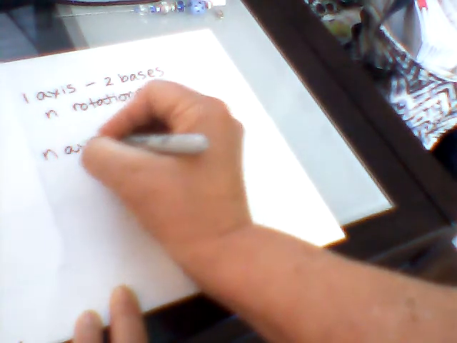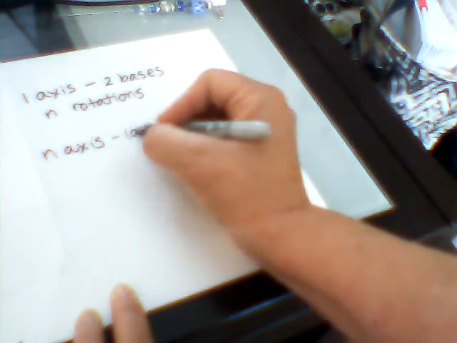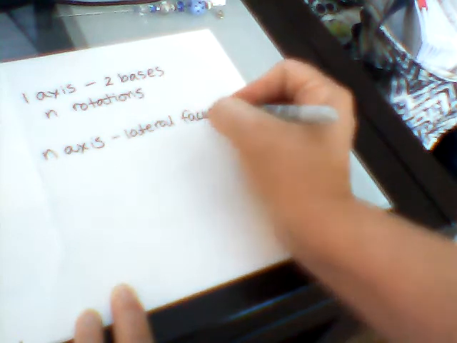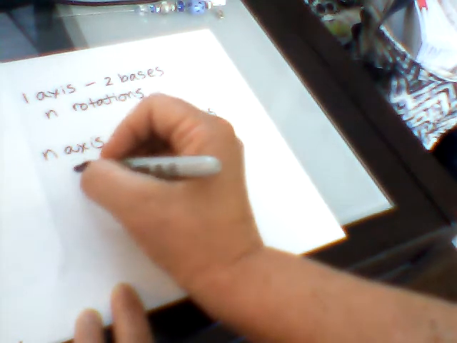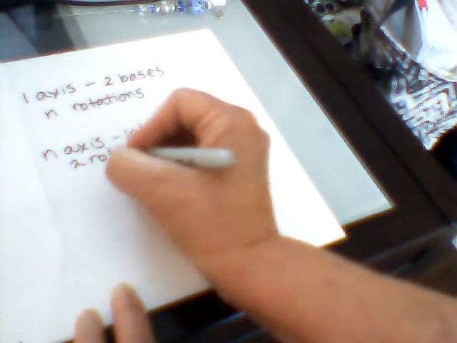We have n axes that go through the lateral faces, and each of those has 2 rotations each.